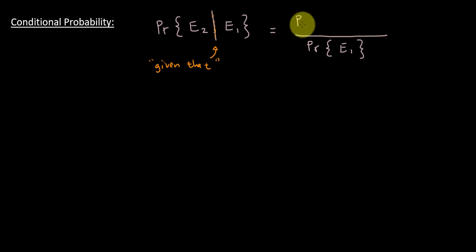In the numerator, we want the probability of E2, absolutely. But because E1 has already happened and we are limiting our sample space to E1, E2 must be occurring with E1. So E1 and E2 are considered in this numerator.